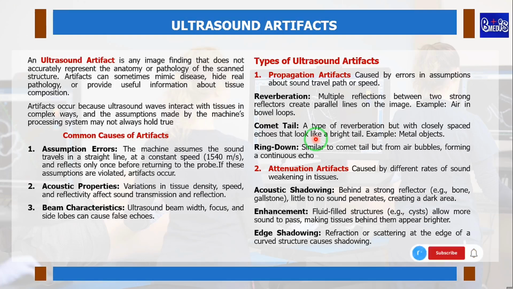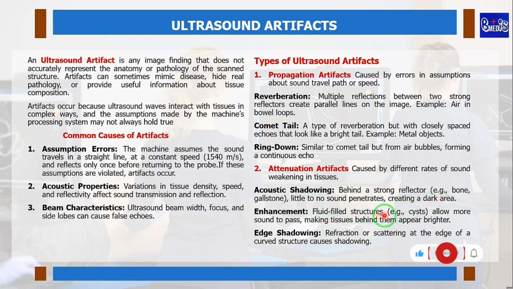Then the next ultrasound artifact we have is the attenuation artifact, caused by different rates of sound weakening in tissue. So acoustic shadowing: behind a strong reflector, e.g. bone or gallstone, little or no sound penetrates, creating a dark area.